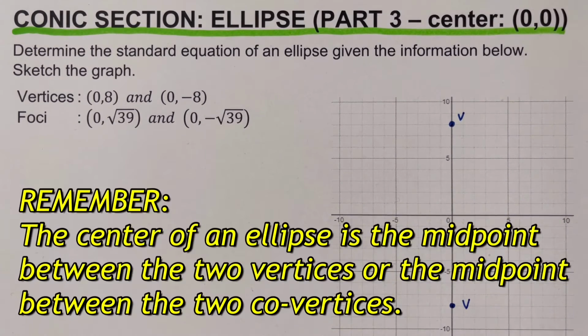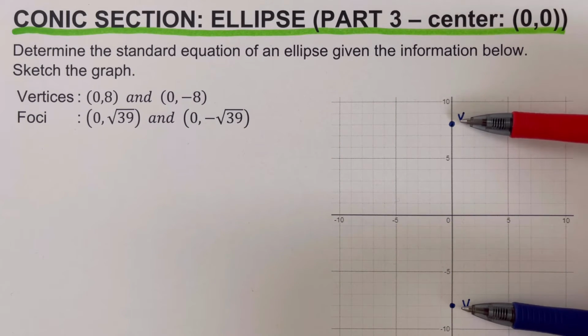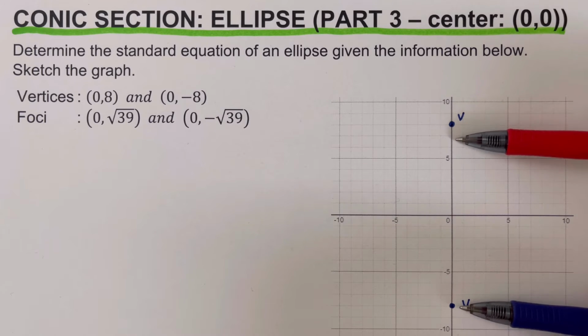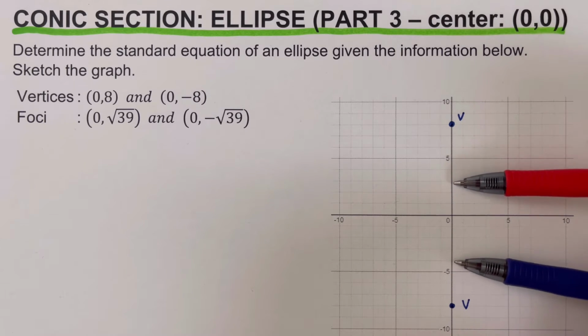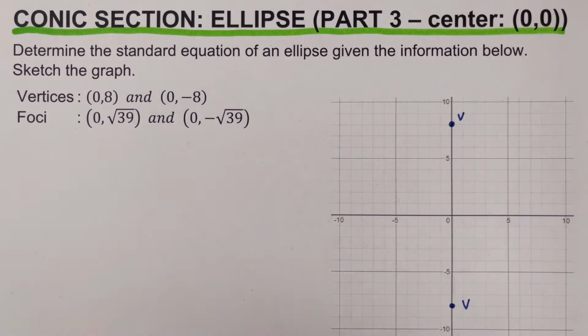Now we remember that the center of an ellipse is the midpoint between the two vertices, or the midpoint between the two co-vertices. In this problem, we're supposed to determine the midpoint of these two. We can use the midpoint formula, or we can just trace where it's located. In this case, we go down 1 all the way to the middle, and we can see that our center is the origin, or (0, 0).